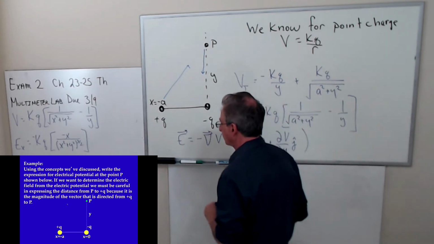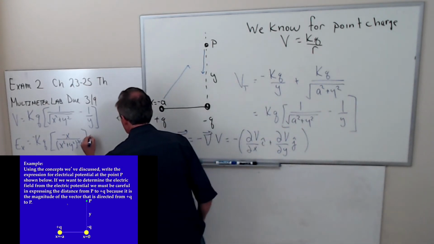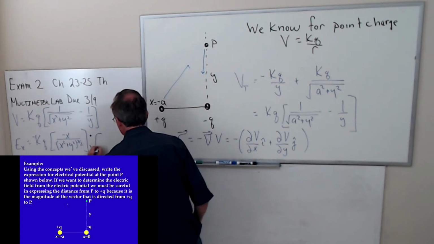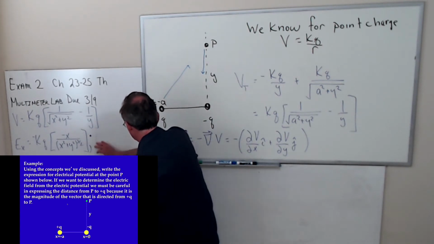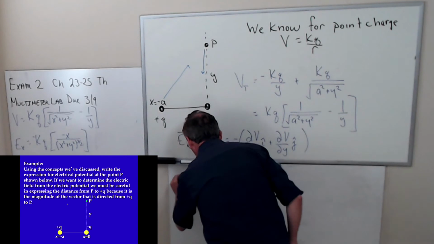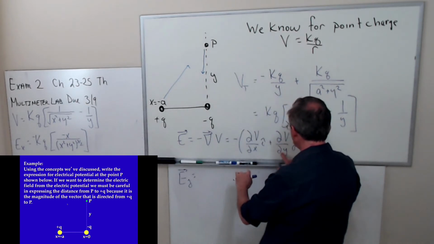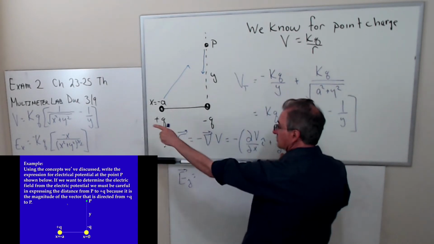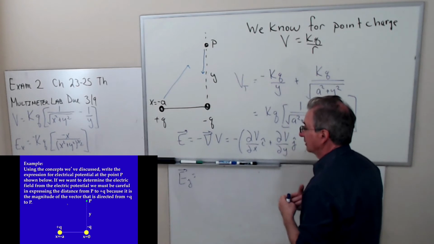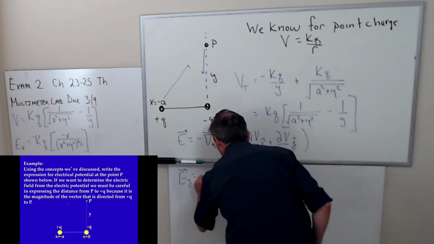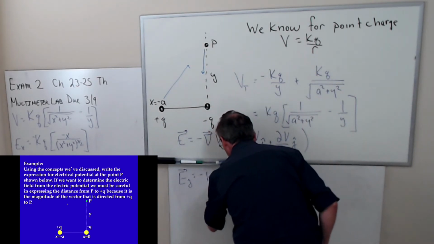And then the y component, let me put a semicolon here. He said y, I'm not going to have enough room to put, he said y, I'm sorry. He said y is going to be minus the derivative of that expression with respect to y. So I'm going to get minus kq.